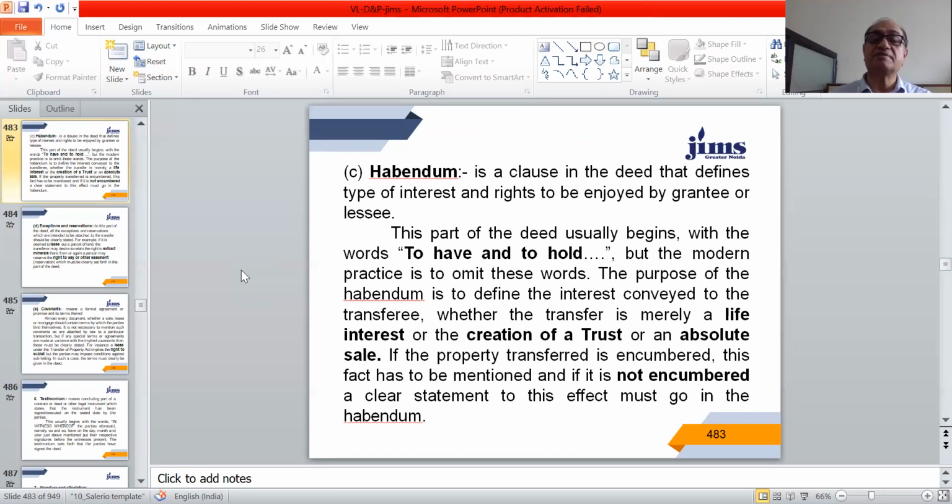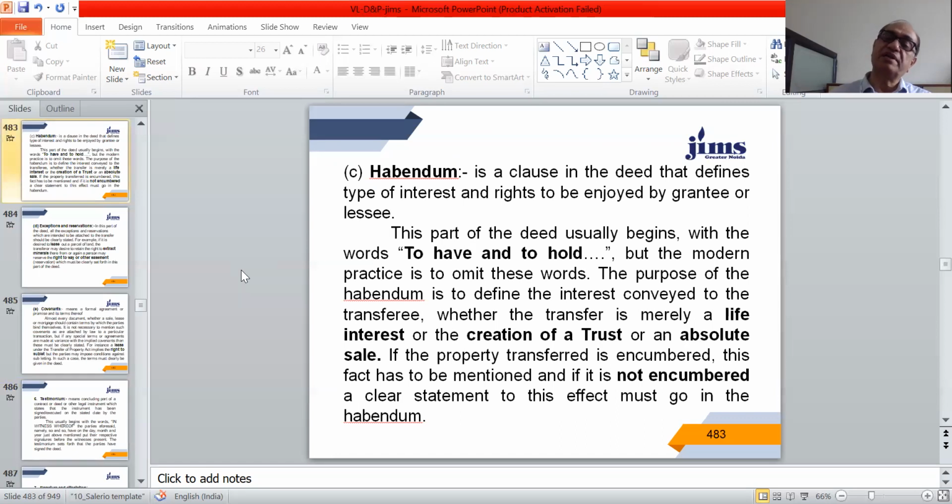But the modern practice is to omit these words. The draftsmen are not writing these words, but they should be written, because the purpose of the habendum clause is to define the interest conveyed to the transferee. Whether the transfer is merely a life interest or creation of a trust or an absolute sale.